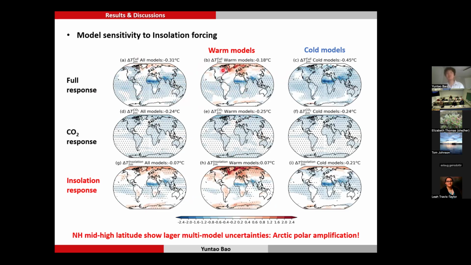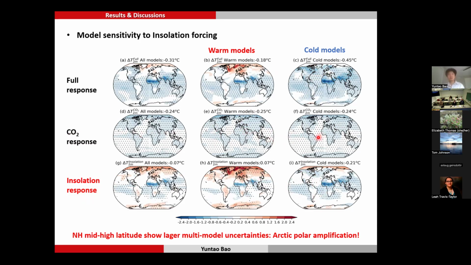For example, the warming in the Northern Hemisphere in the warm models is due to the model being sensitive to the insolation forcing, but in the cold models the model is insensitive. So that is mostly due to the insensitivity of the model to the insolation response. And the CO2 sensitivity between the warm models and cold models does not have much difference.